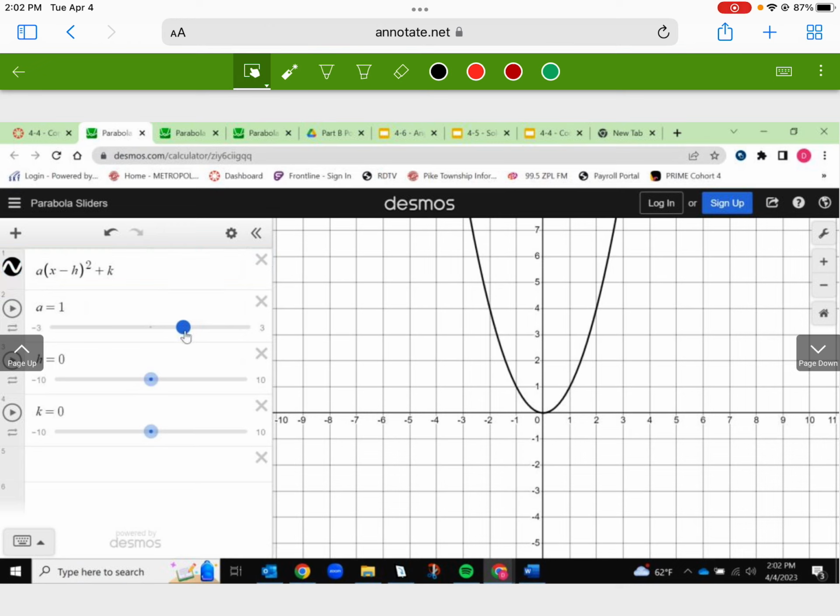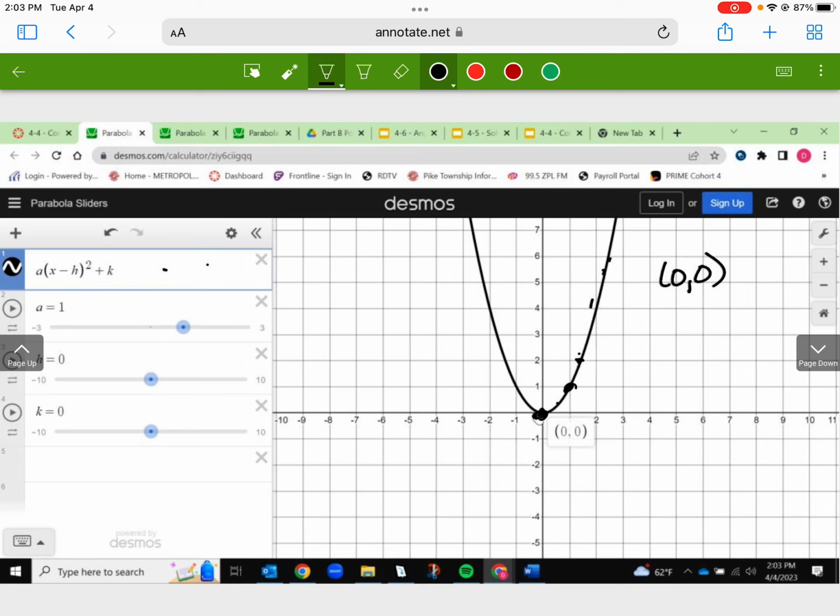Okay, there's the parent function, y = x², okay? Vertex is at 0, 0. All right, so it says give 5 points. So you can hit anywhere on here, and you can see 0, 0 is 1 point. I was hoping it was going to let me put any of these on. I must have hit something wrong.